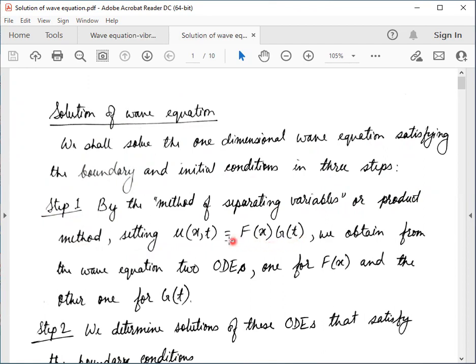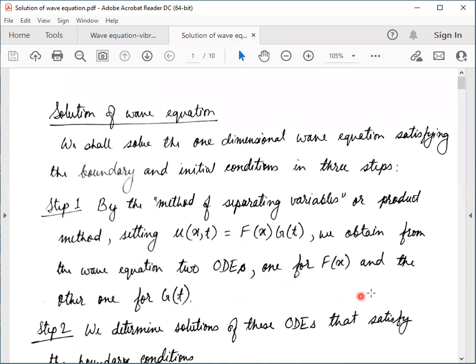By setting u equal to f times g, we obtain 2 ordinary differential equations. We start with the wave equation and substitute u equal to f times g, and from the given wave equation, which is a partial differential equation, we shall obtain 2 ordinary differential equations, one equation for f of x and the other equation for g of t.